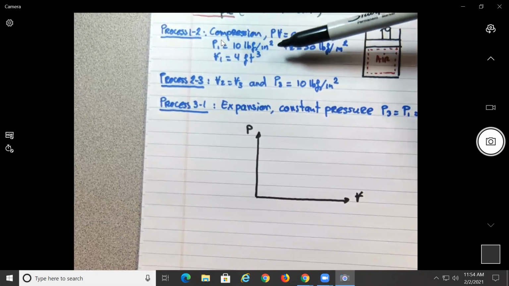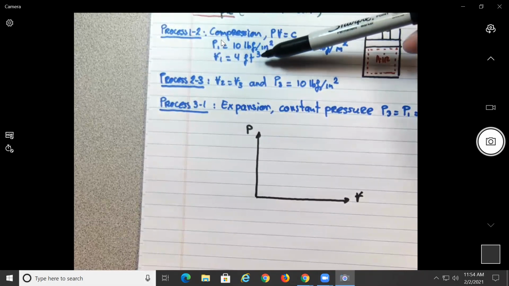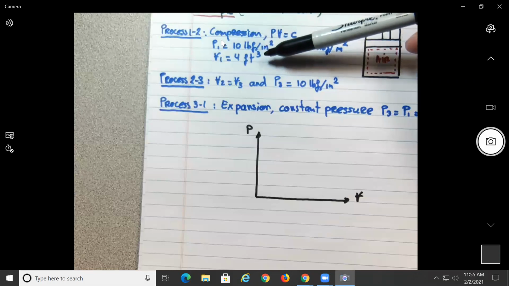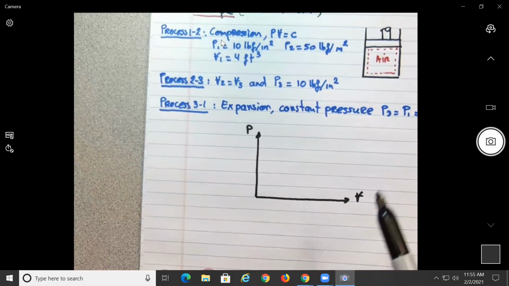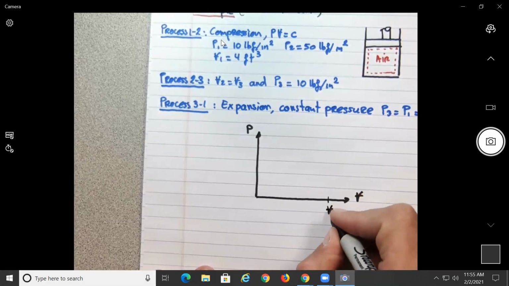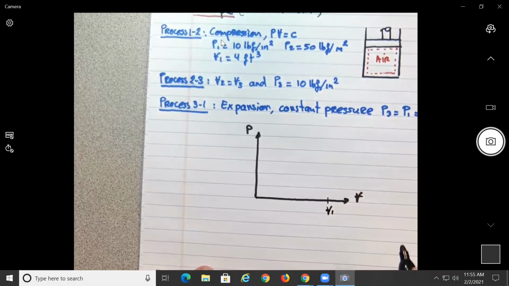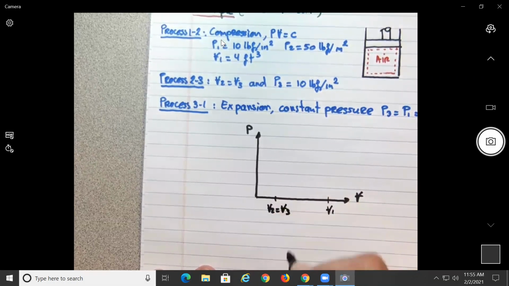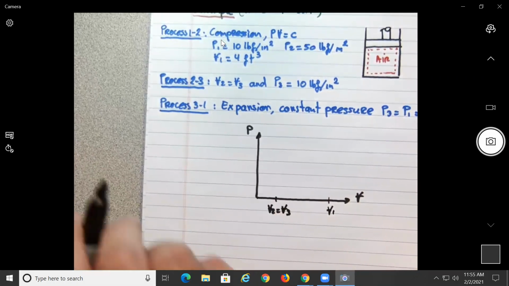So this is compression, the volume is going to go down. Okay, but at 2, the volume will be down. I think I know how this is going to look. My educated guess, let's say V1 will be here. Then we know V2 equal V3 will be here.